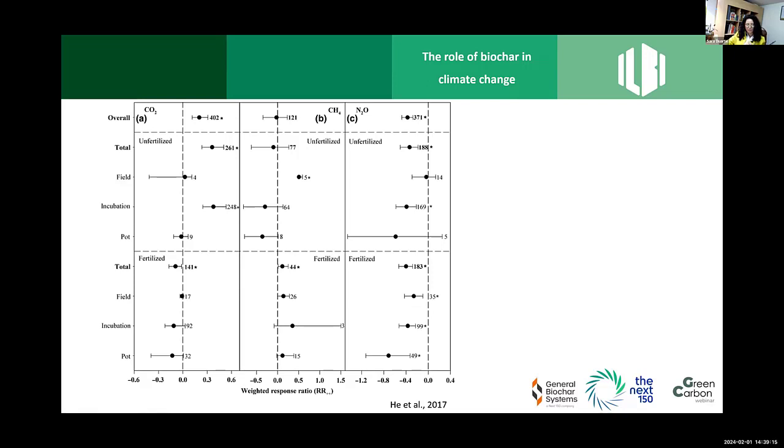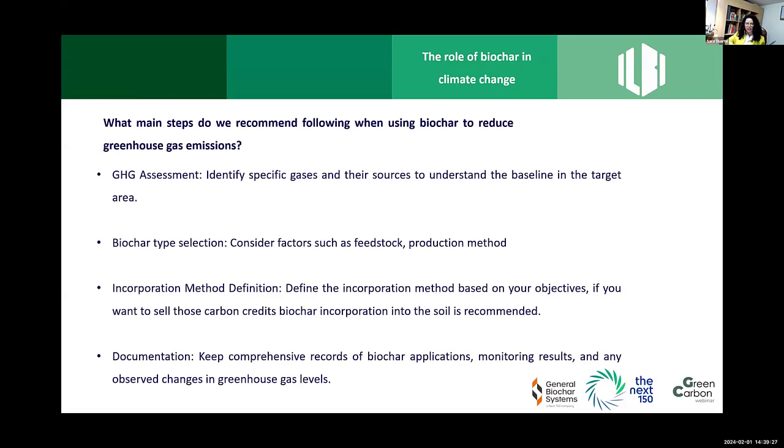So how important it is that we consider global results in order to understand what is happening with our soil when we apply biochar in terms of climate change. That's why the next 150 also recommends following some steps when we are looking at greenhouse gas emissions when we apply biochar in the soil.